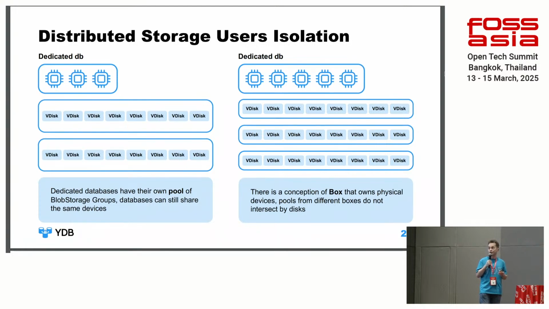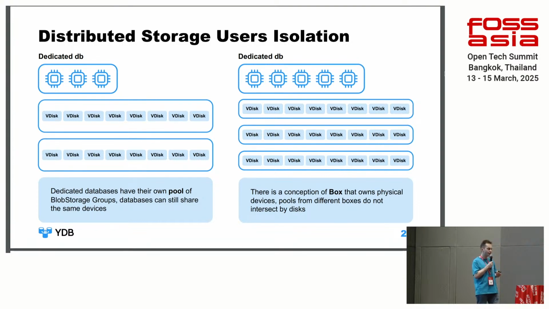So you have two levels of isolation. You have isolation on the compute level. In this case, no hardware is shared between compute nodes. It's a separate operating system process. But usually they share the same distributed storage. They don't share groups. They have different groups. But groups might share the same hardware.